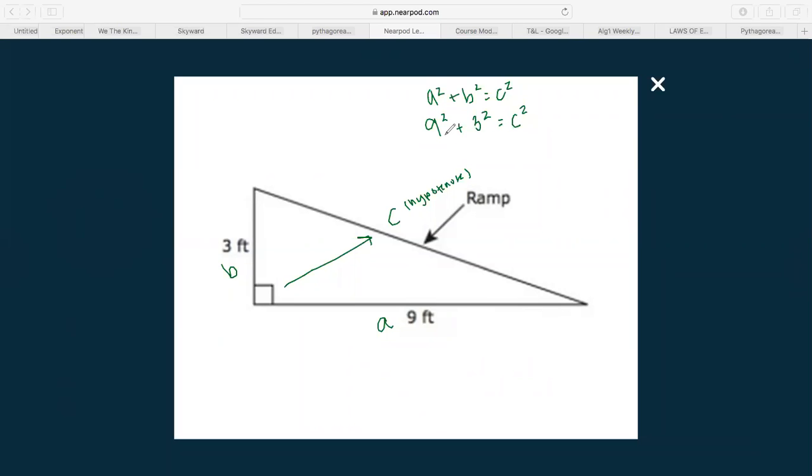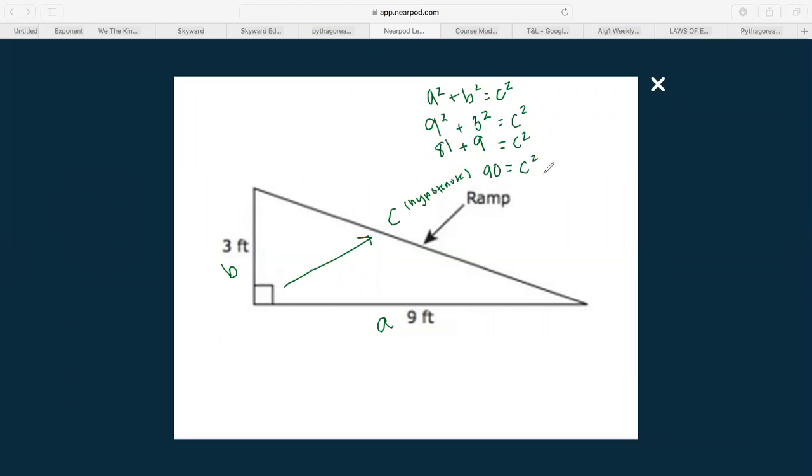So 9 squared equals 81, so it'd be 81 plus 3 squared, which is 9. We still don't know what C squared is, so we're just going to keep it that way. Then we add those together, giving us 90. But that's equal to C squared.